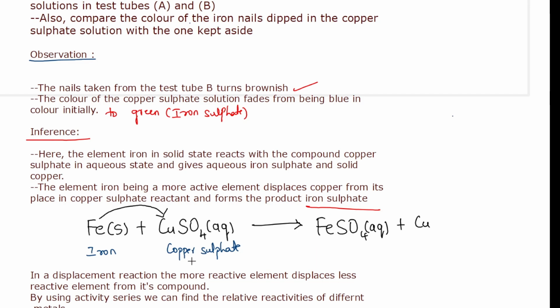Yes, it is blue in color. Then iron sulfate is formed, which is green in color, because of which the color of the solution has faded away from blue to green color. This is green. As you know, this is copper.